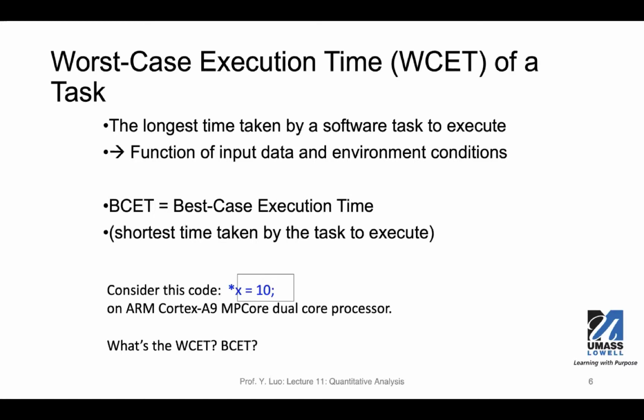If it's a dual-core processor, and there's already a copy of this variable cached in one of the cores, then writing to this variable will invalidate the copy of this variable on one of the processors.